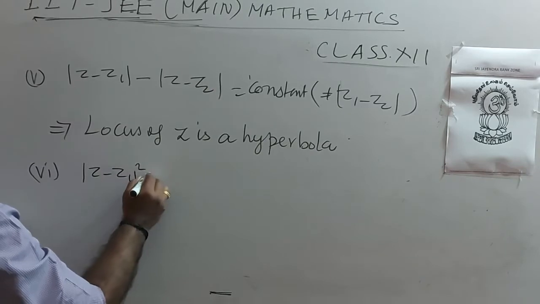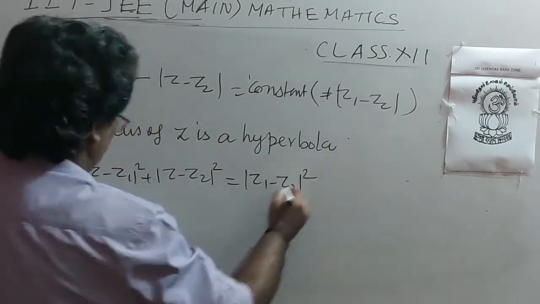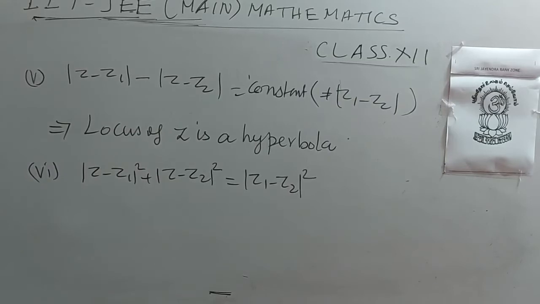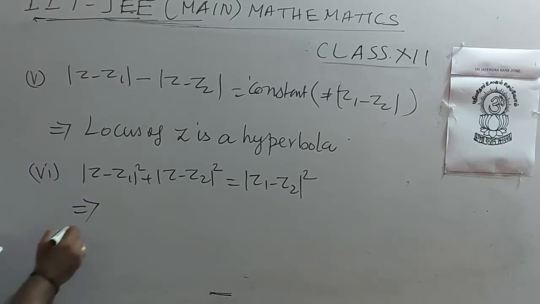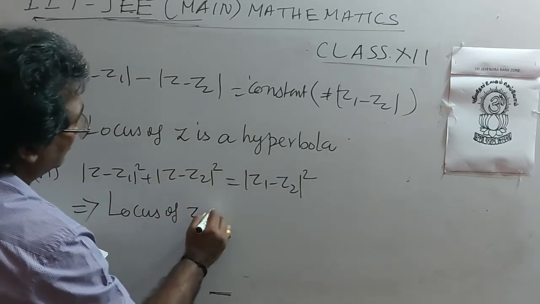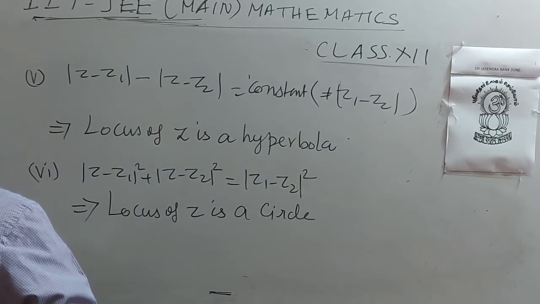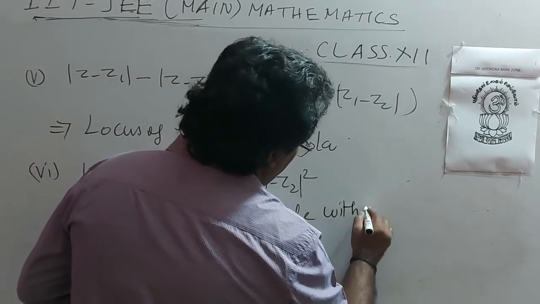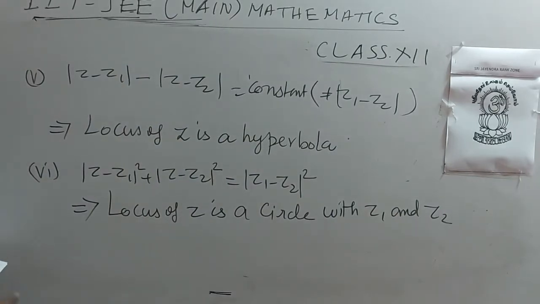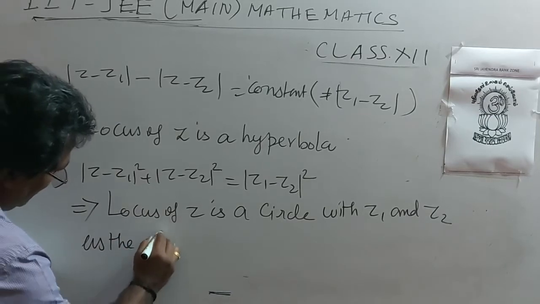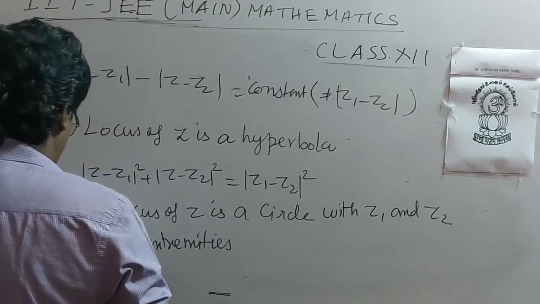Modulus of z minus z1 whole square plus modulus of z minus z2 whole square equal to modulus of z1 minus z2 the whole square, which implies locus of z is a circle with z1 and z2 as the extremities of diameter.